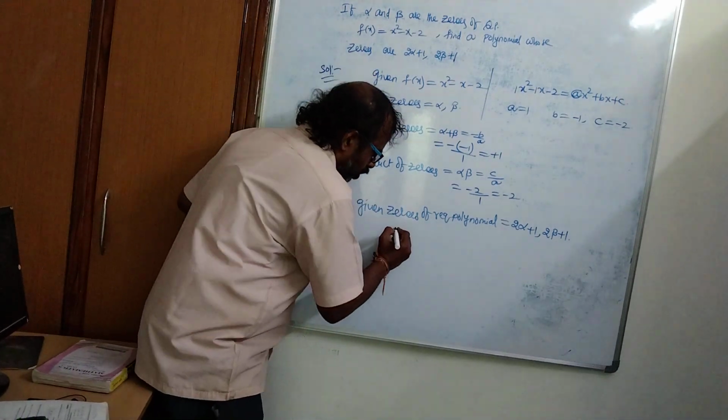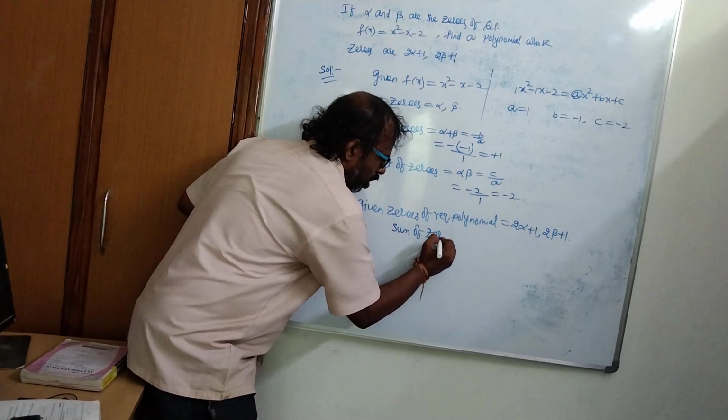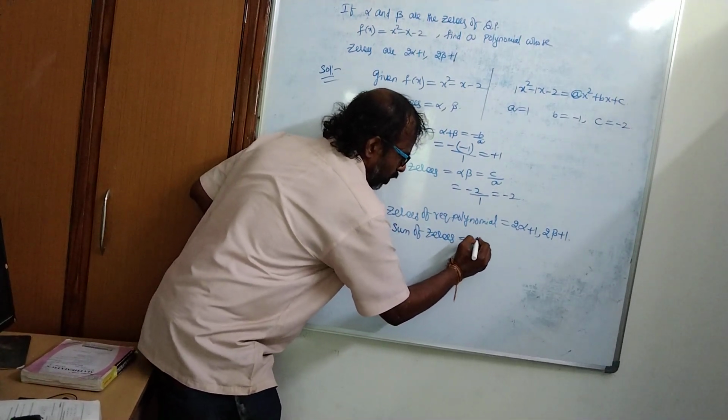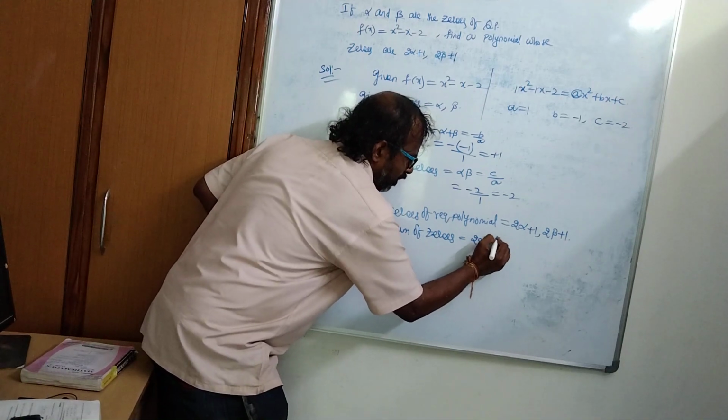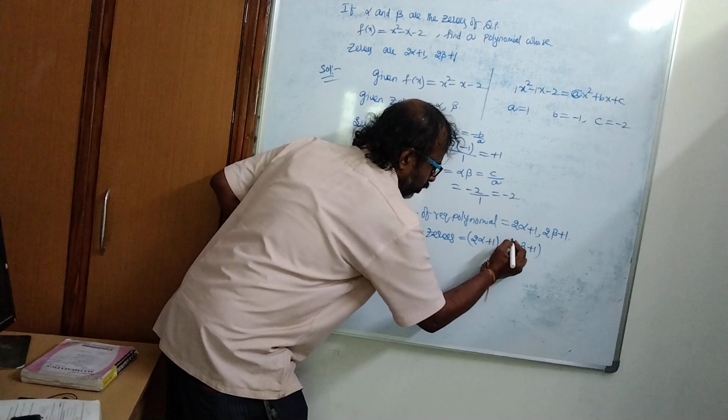Okay, so sum of zeros is equals to 2 alpha plus 1 plus 2 beta plus 1.